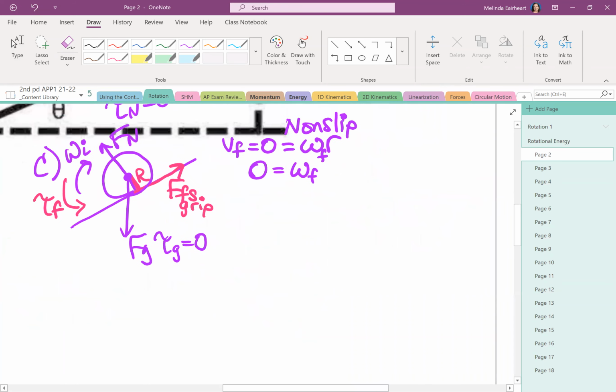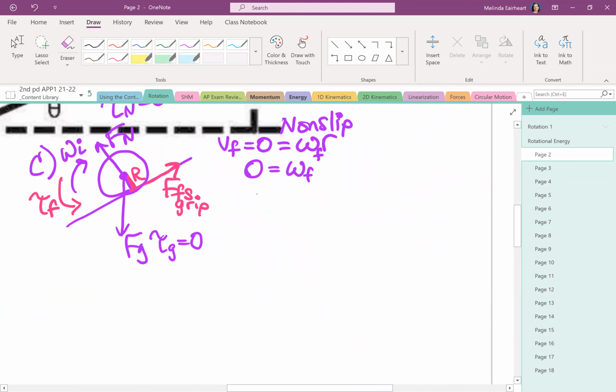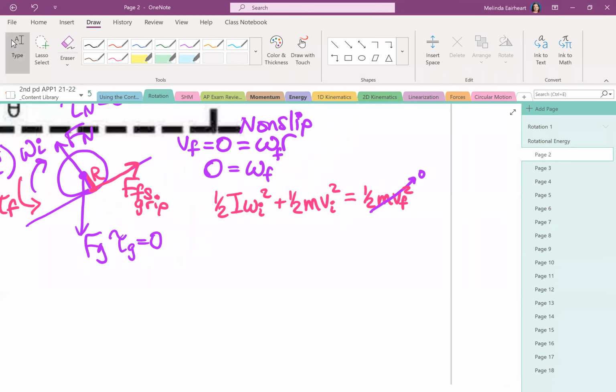Energy statement. Okay. In the beginning, we have that initial rotation, same as before. We have the initial kinetic energy equals, well, there's not any heat loss. We come to a split second stop. So I'm going to go in and show the split second stop. And then our rotation comes to a stop.